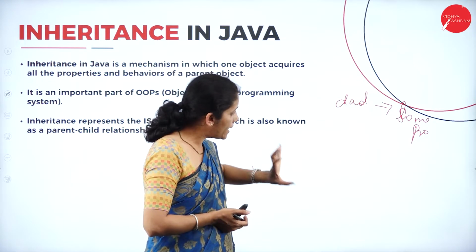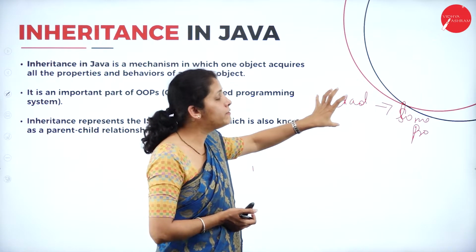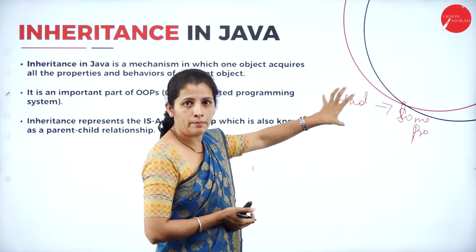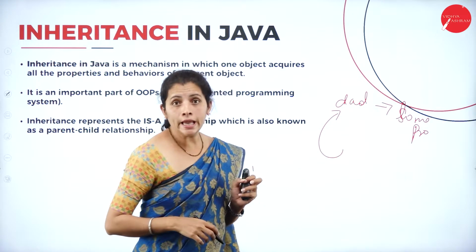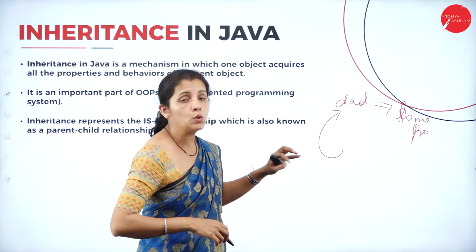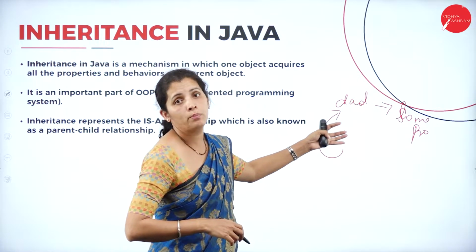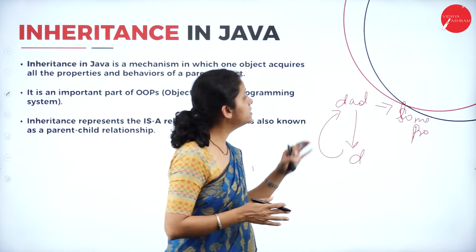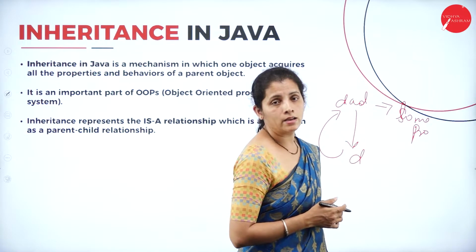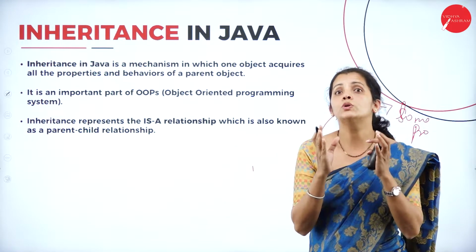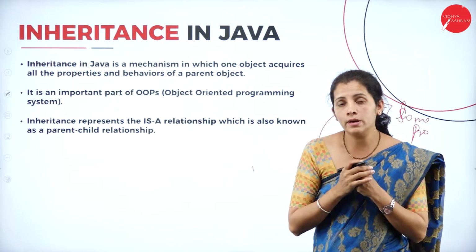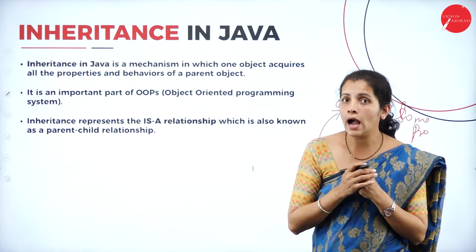Now I can have that property because I can inherit or acquire that property, because I'm the daughter of my dad. So whatever property my dad has, the same property I can have.